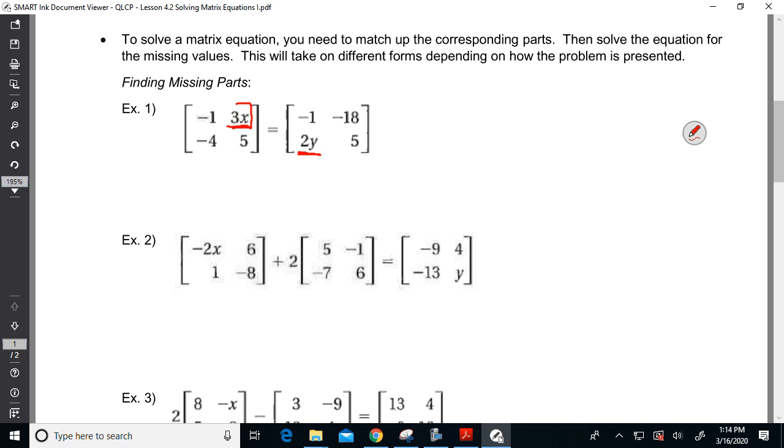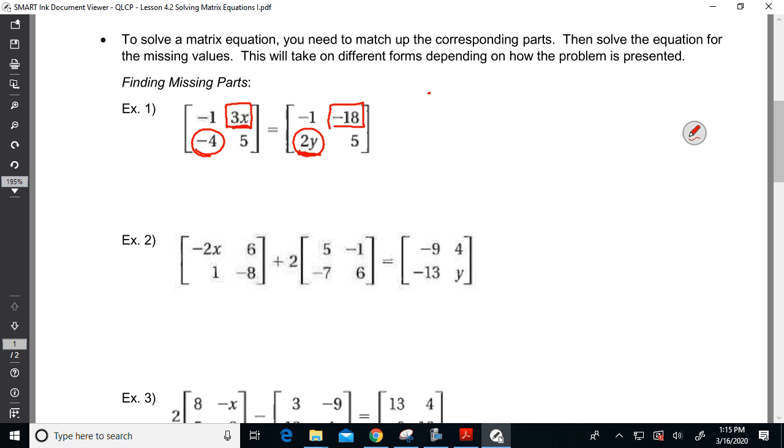Since x is located there in the first matrix, you only have to worry about its corresponding part in the second matrix. And those will be the parts that you match up. 2y is in the bottom left-hand corner, so you only have to worry about the bottom left-hand corner. So again, you're just matching up part to part.